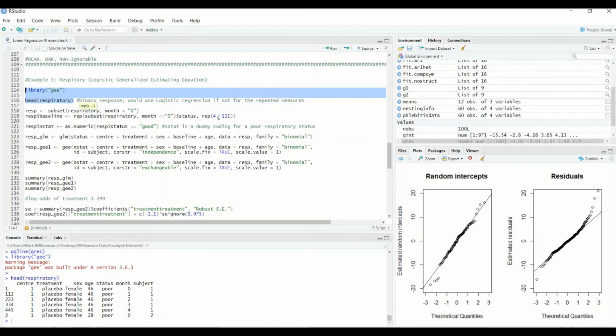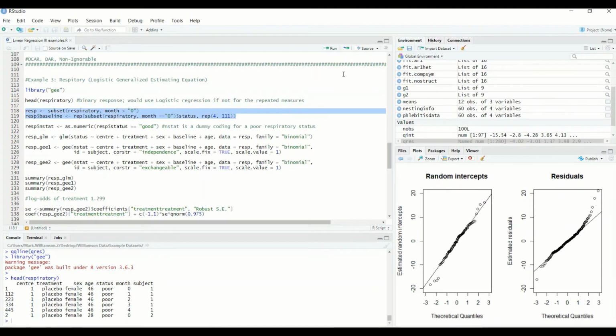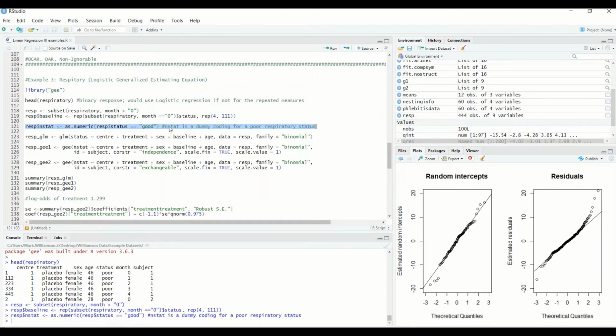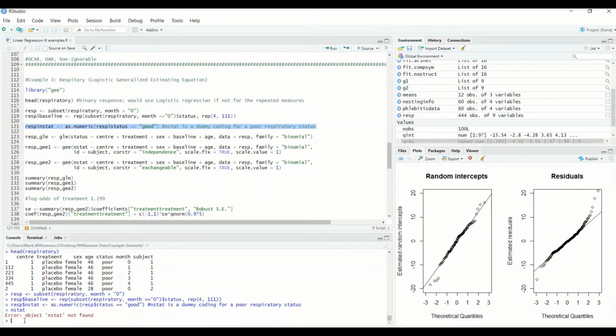So we're going to do some cleaning up of the data here. The main thing is we're going to recode, so then we'll have nstat as a dummy coding for poor respiratory status.